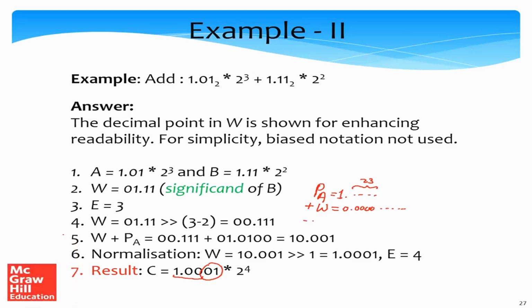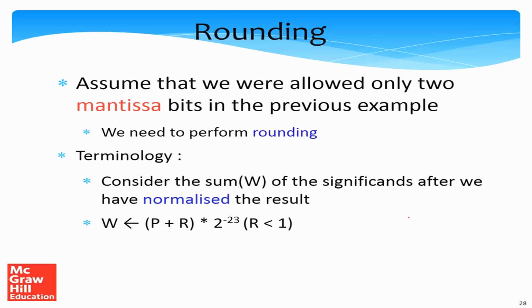So when we do an addition, it might be greater than 23 bits. So there will be a requirement to stop this at 23 bits because that's all that we can store. And the remaining bits have to be discarded. But they should be discarded in a way that the result is the most accurate. And for that reason, we have to do some amount of rounding.